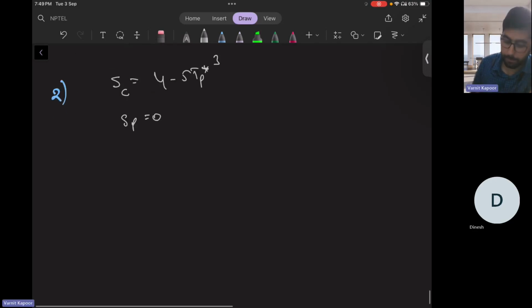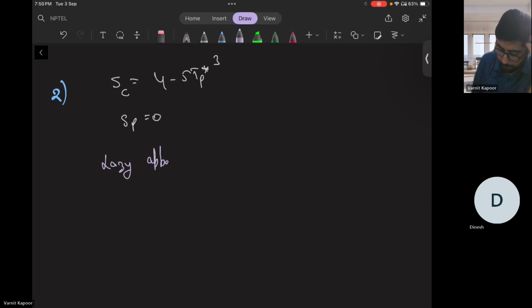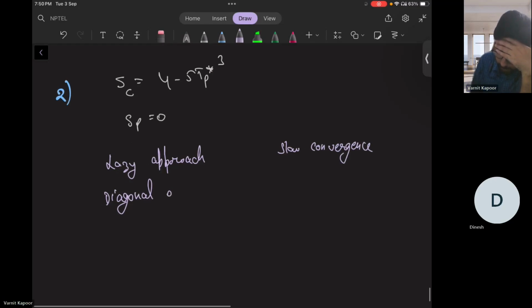The third case can be, let me write here, the lazy approach: slow convergence, diagonal dominance can be affected.